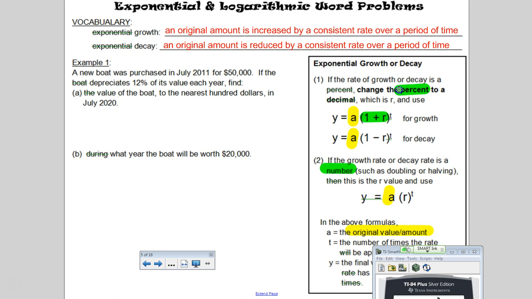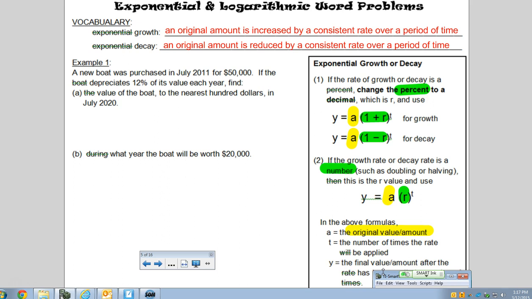If I say you're going to lose 20%, then you would do decay. That would be 1 minus 0.2, so that you have 80% left. If I said that you were going to be tripling your money every day, then you would use that R, which is not a percent. They just told you it's tripling, so you put a 3 there. So those are the only differences. Those spots all mean the rate.